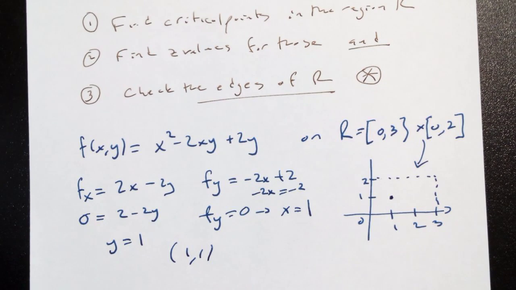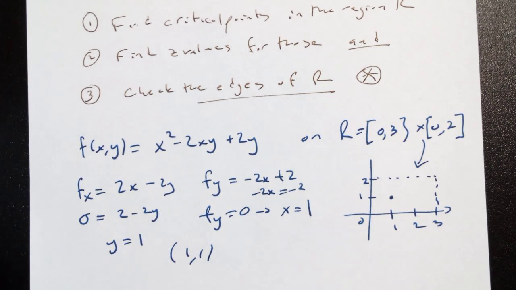Now, that could be a local maximum, a local minimum, or a saddle point. But here's the sneaky part. I don't care. Because I know I have to have a maximum, I have to have a minimum on this bounded region. It might be this point. But all I need is the z value for this point.